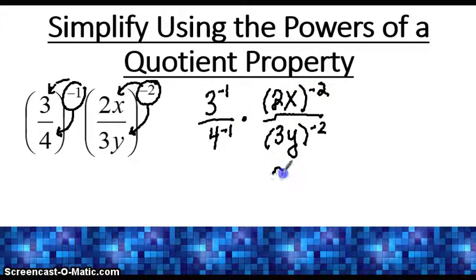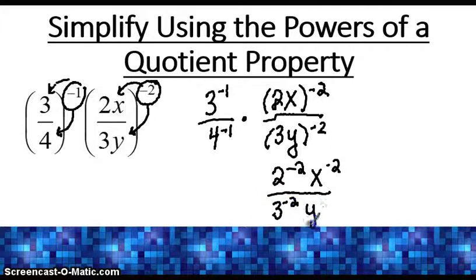When we do so, we get 2 to the negative 2, x to the negative 2, over 3 to the negative 2, y to the negative 2. Here, we can bring this along, or we could simplify it now. We'll just wait though. Over 4 to the negative 1.